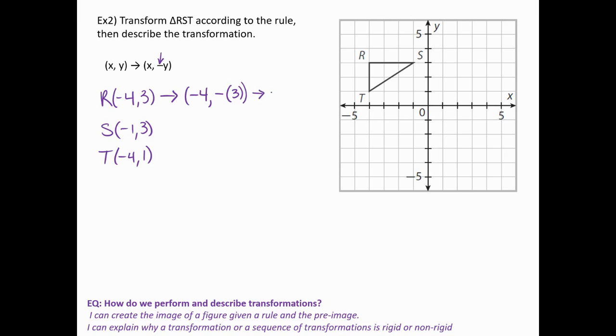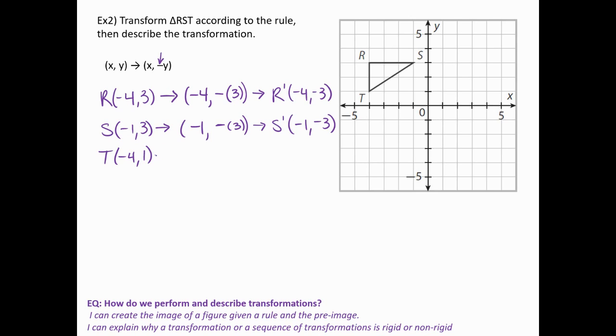So when I simplify that, I would get R prime is at -4, -3. Let's try it again. So this time the x value, I'm just copying it. The y value, it says do negative, and then I plug in the y value, which is 3. And I get S prime at -1, -3.